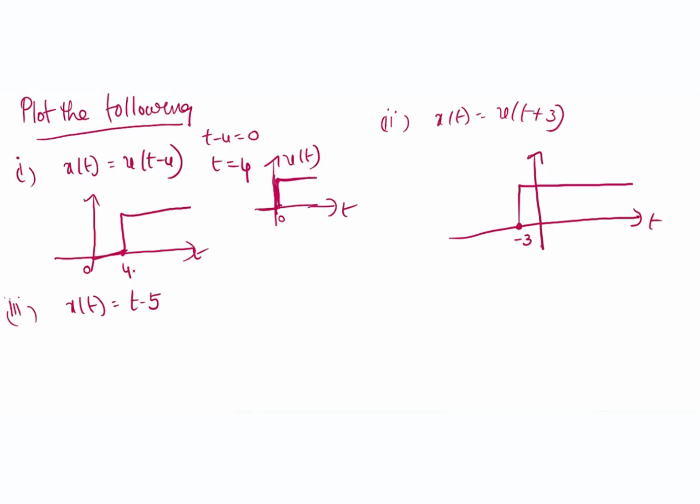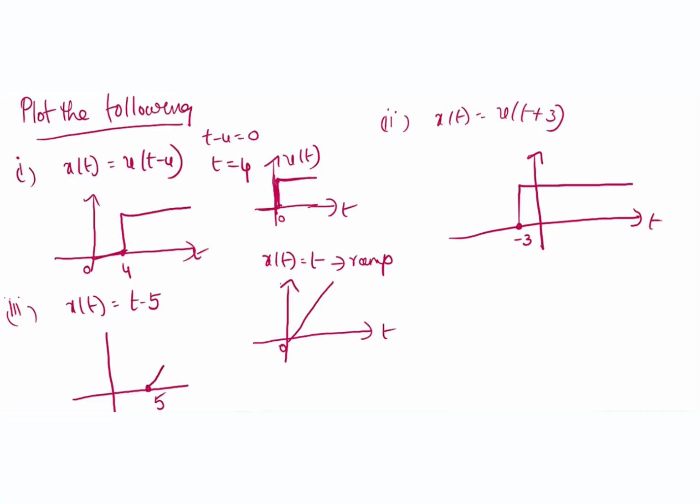Next, x of t equal to t minus 5. If x of t equals t, it is a ramp signal. Anyway, I'll explain different elementary continuous time signals in the next videos. It starts from 0, but this is the delayed ramp and the delay is 5 here. So the ramp will be like this.